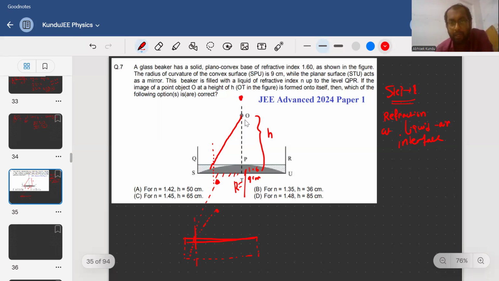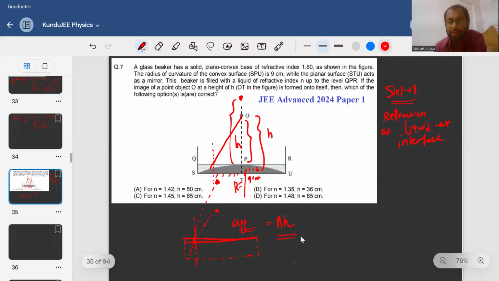What is the apparent height? If h is the height of the object, then the apparent height will be n into h. That is the apparent height or image distance after the first refraction, that is n into h.